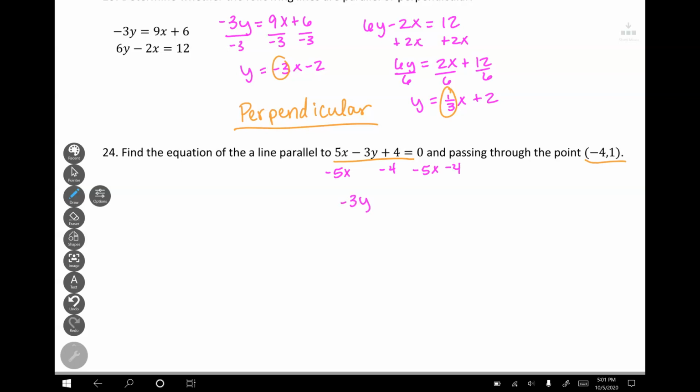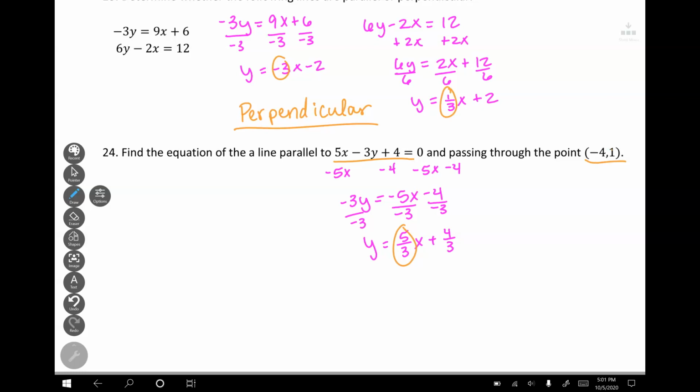So -3y equals -5x minus 4. Divide by -3. So those two negatives, the -4 divided by -3 becomes positive 4/3. Okay, so it looks like our slope is 5/3.